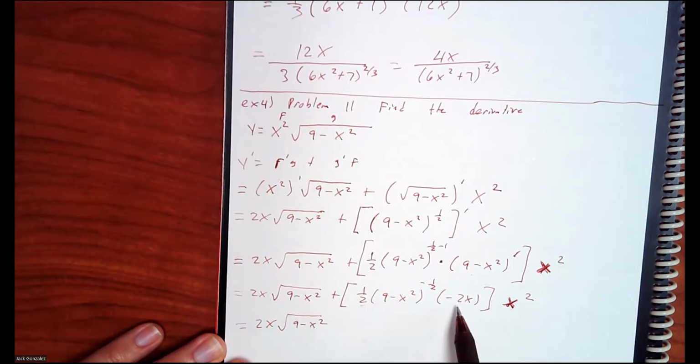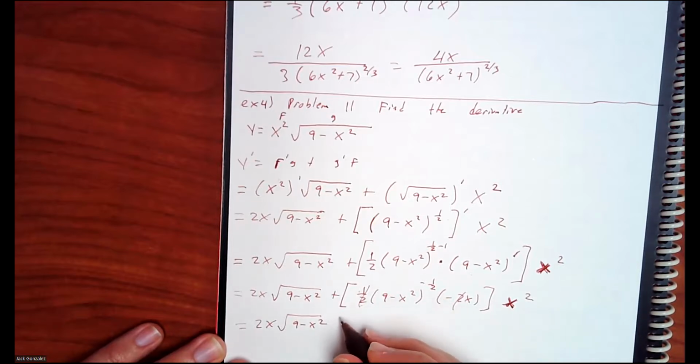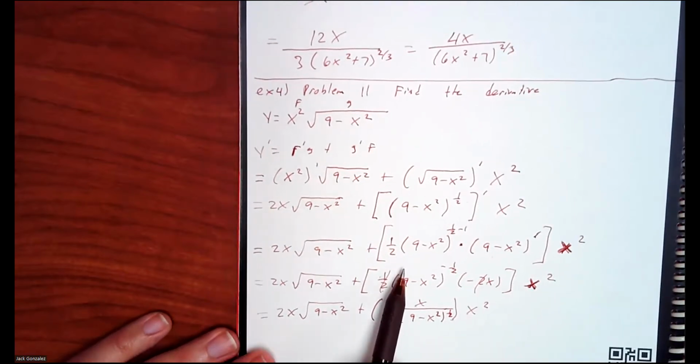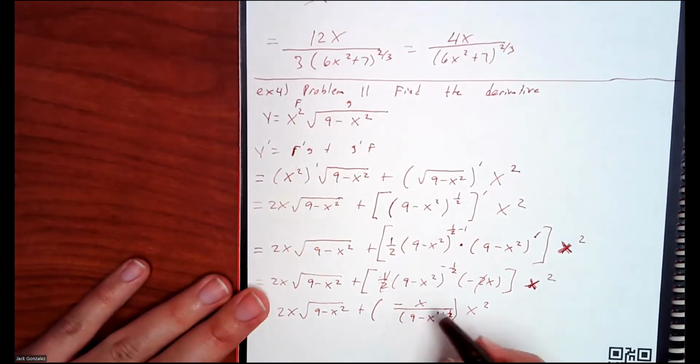So you have a half and a -2. That's cool. This is the negative power. So that's going to go on the bottom, right? So we actually have negative x over 9 minus x squared to the 1/2, forgot the half. Move to the bottom and make it positive.